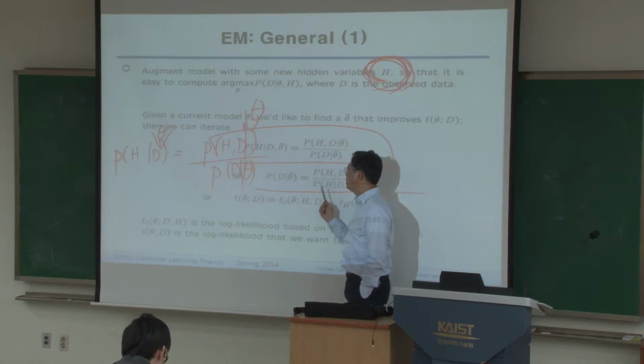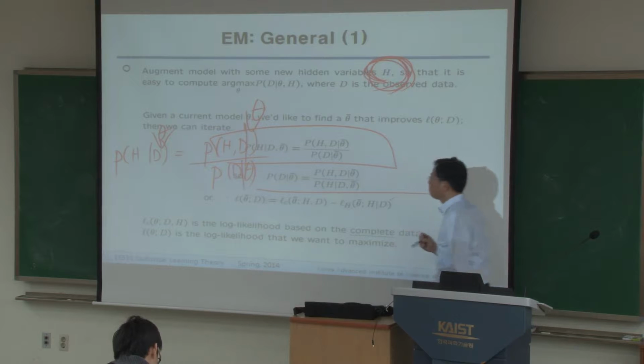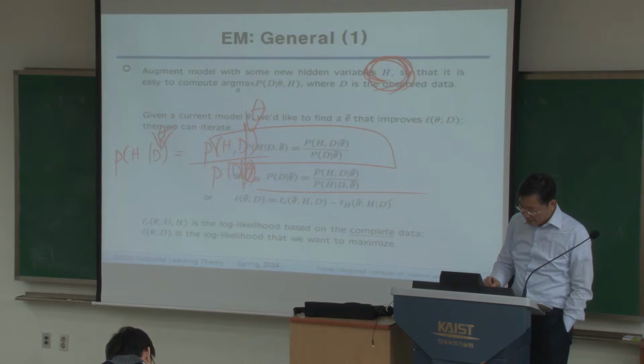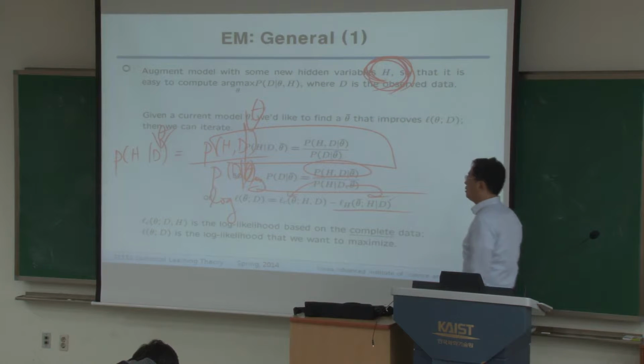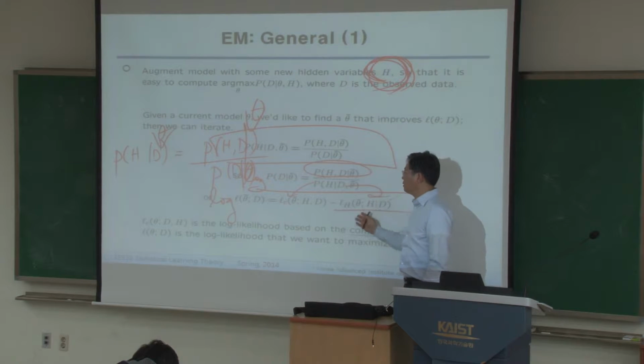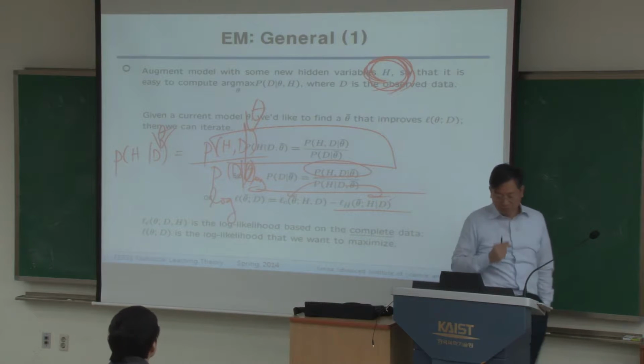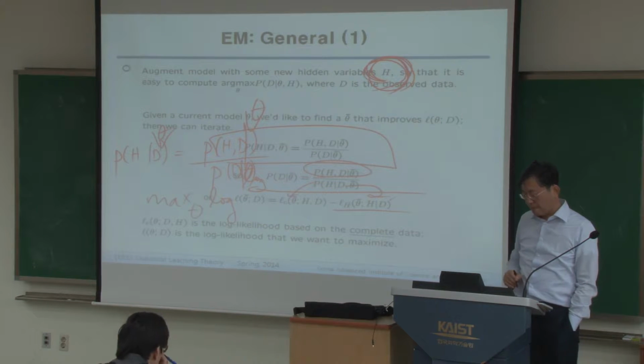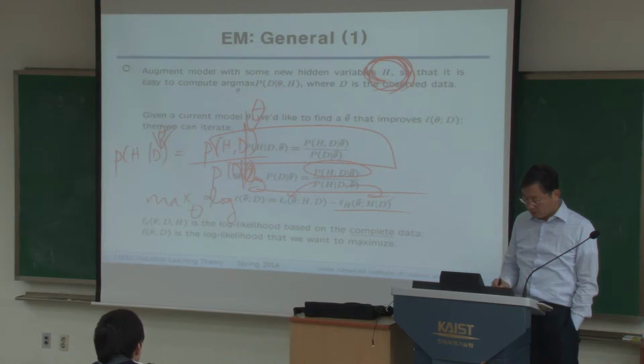So I could take the log of this, the log of this, subtract the log of that. Now, what am I trying to do? I want to maximize this with respect to theta. And this is the notation that I use.